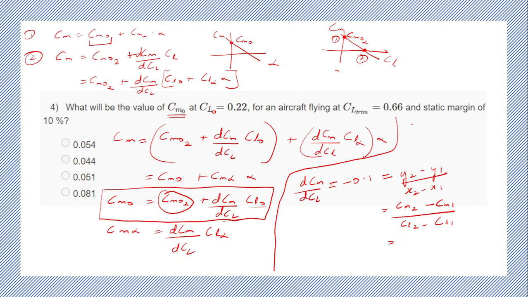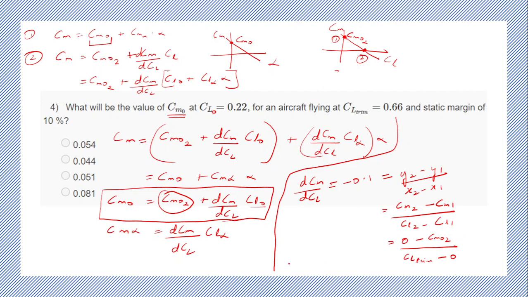What is the value of Cm at point number 2? 0. And Cm1 is? Exactly, Cm02. And Cl2 is Cl trim. Exactly. And Cl1 is 0.